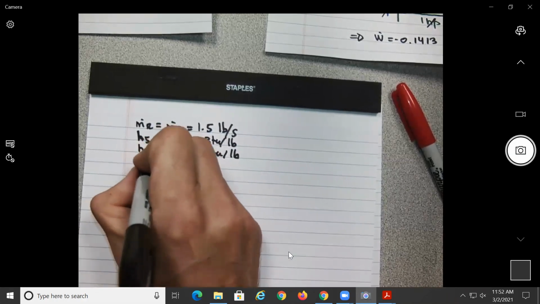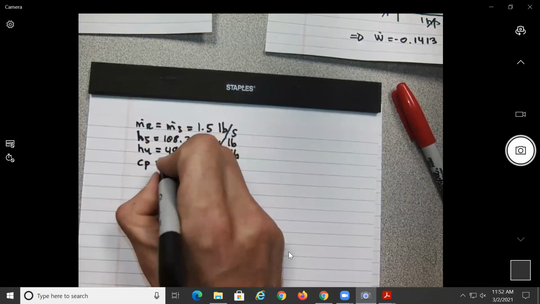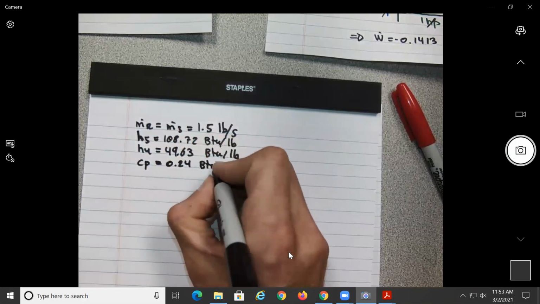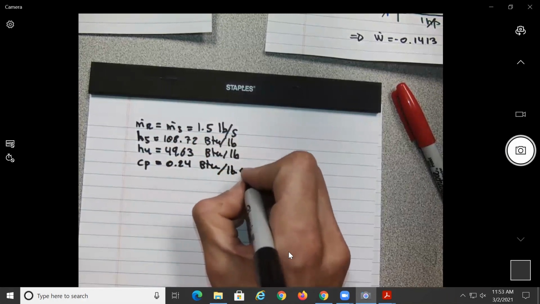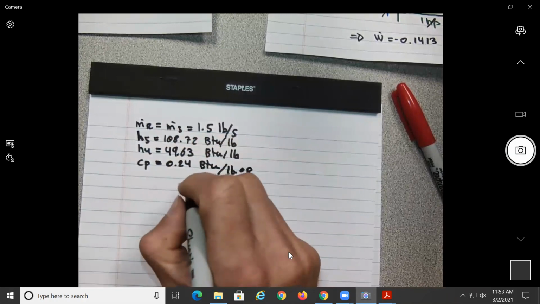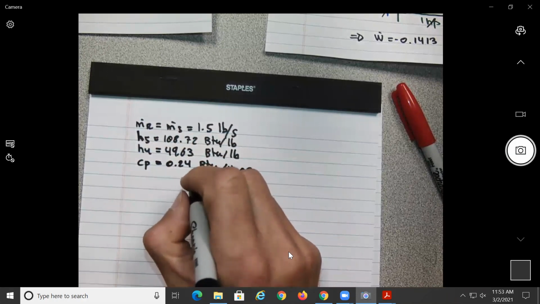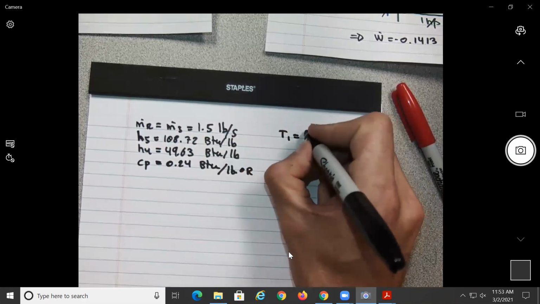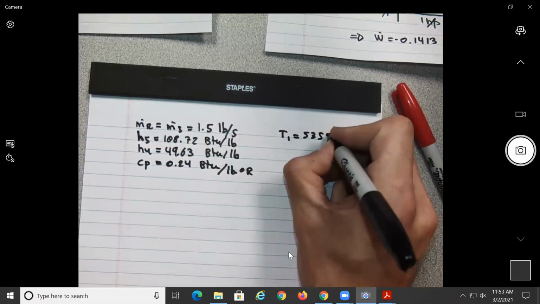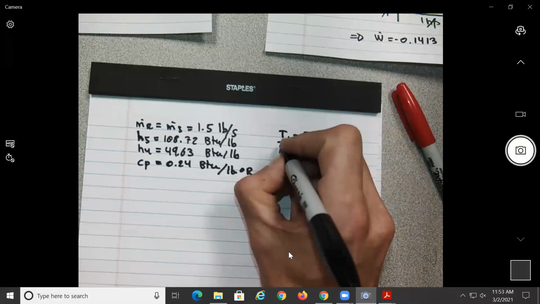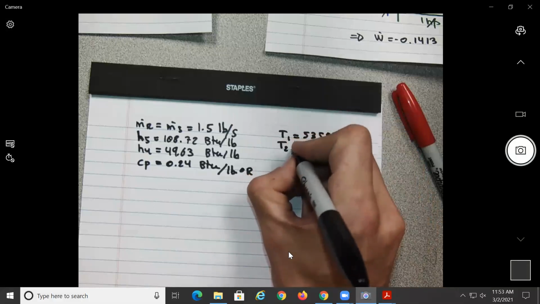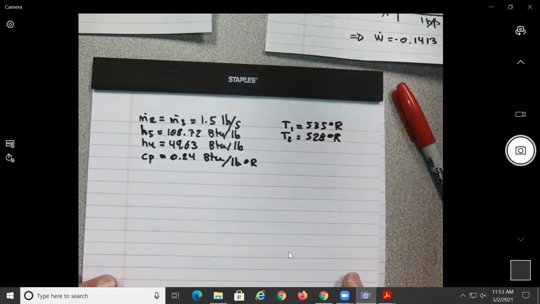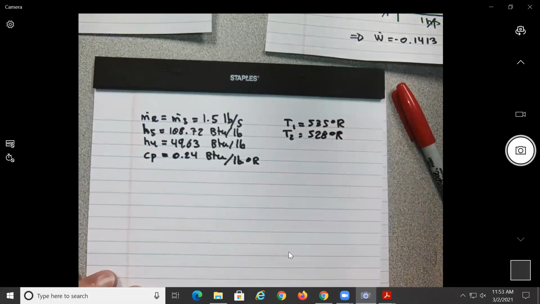CP is also given to us, 0.24 BTUs per pound degree Rankine. What else do we need? T1 is 535 Rankines, and T2 is 528 Rankines, no? So we can go and substitute.